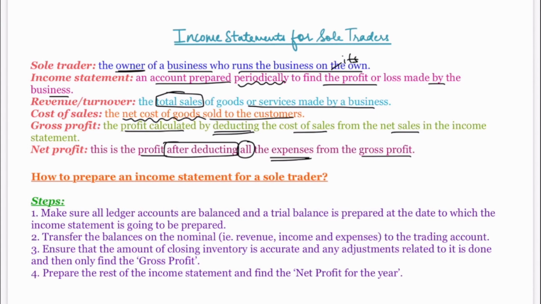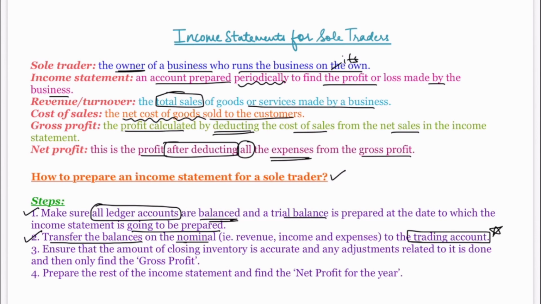Now let's see how to prepare an income statement for a sole trader. The steps are: first, make sure all ledger accounts are balanced and a trial balance is prepared at the date to which the income statement is going to be prepared. Then, transfer the balances on the nominal accounts, that is the revenue, income and expenses, to the trading account.